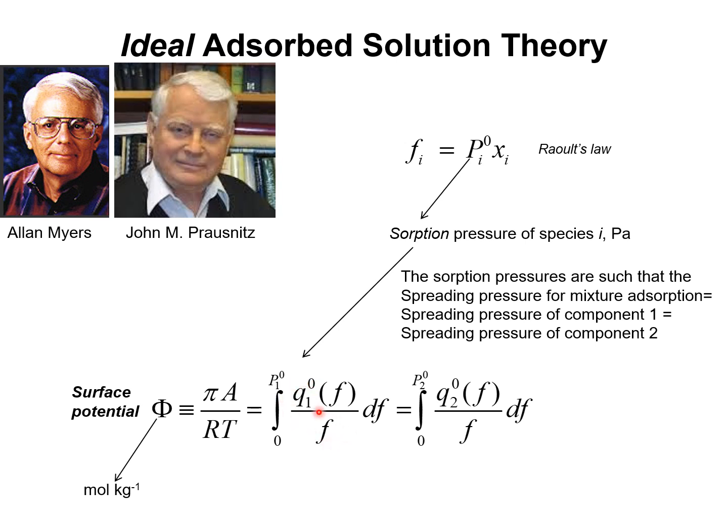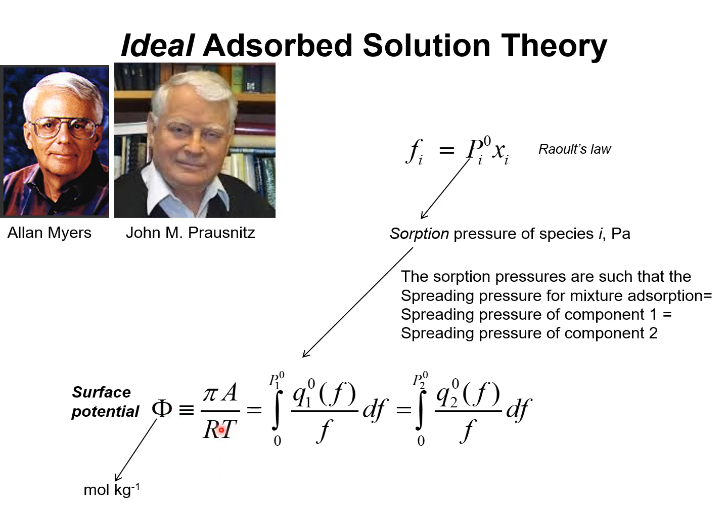In these integrals, these represent the unary isotherms for component 1 and the unary isotherm for component 2. Since the surface area A is not easily accessible, it is convenient to define the surface potential phi as the spreading pressure times the specific area divided by RT.